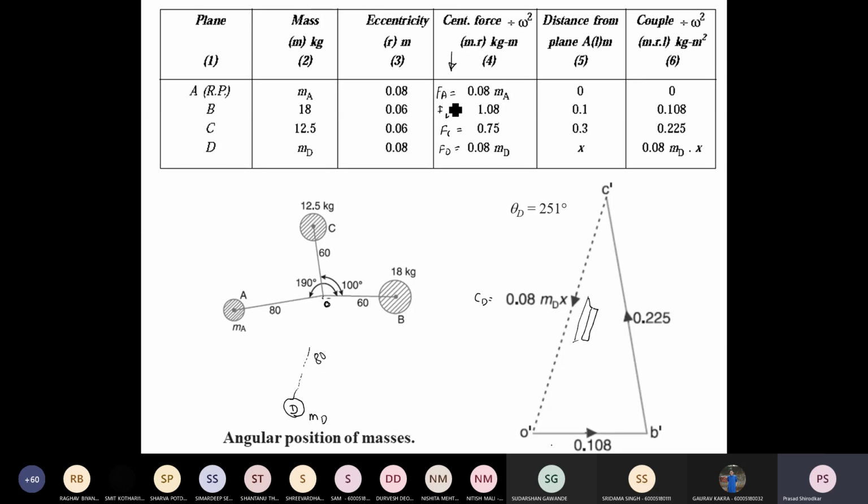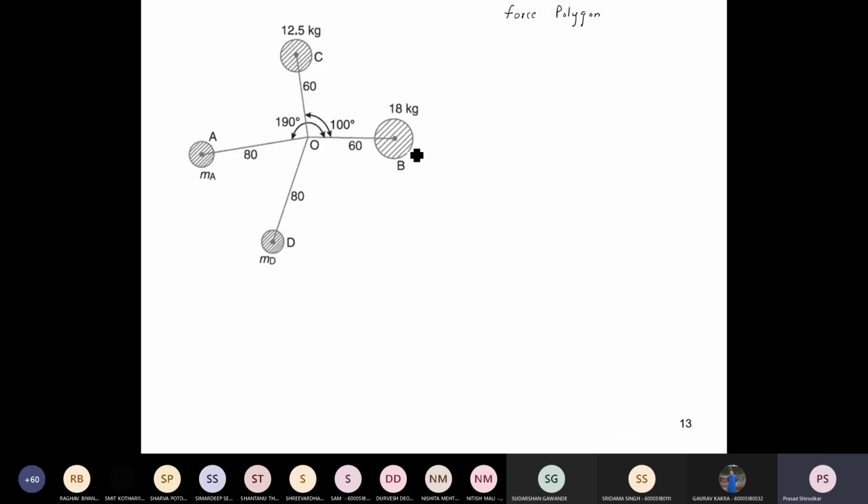So FA and FD are not known, so we have to start with FB. FB is 1.08 and FC is 0.75. Now draw a vector parallel to OB in the direction of OB.